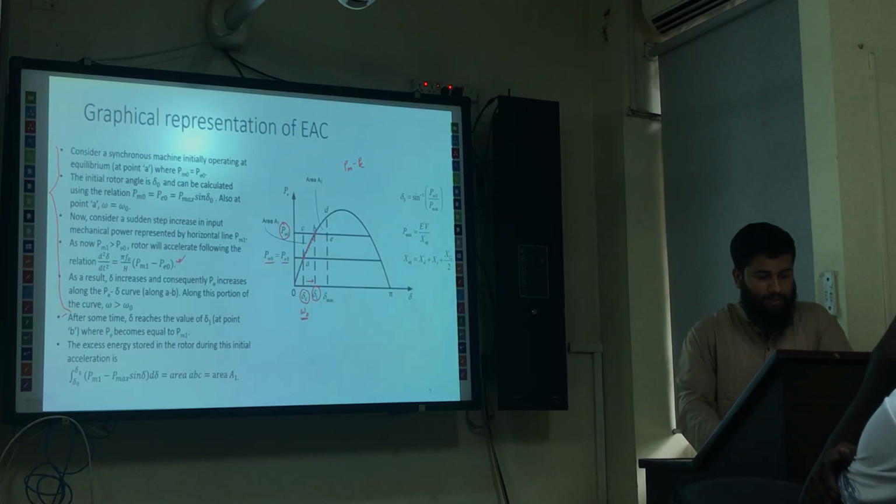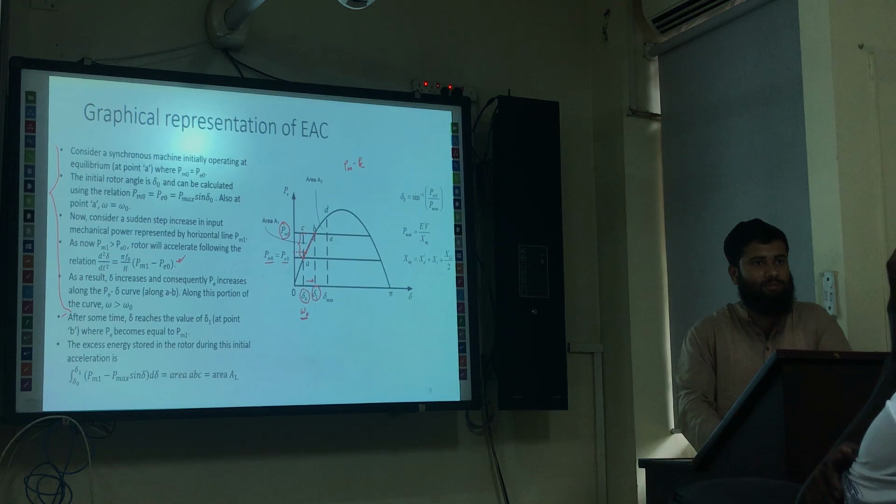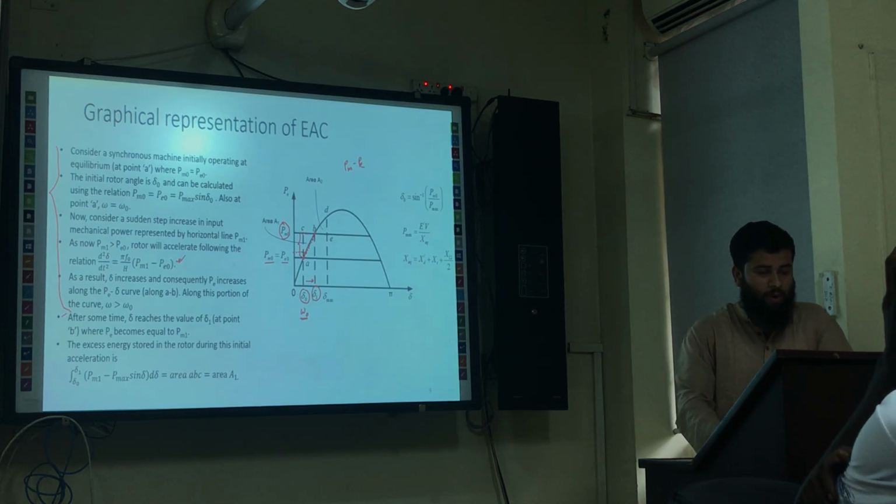Here this is P, this is PM, so you will get some PM minus P. Then in the next time instant, this is P, but what is your PM? This is your PM, so you will get some difference here as well. In the next time instant, you will get another difference. You can accumulate all these differences and add them up, then you will get all the excess energy, that is the PM minus P that will be stored inside the rotor.